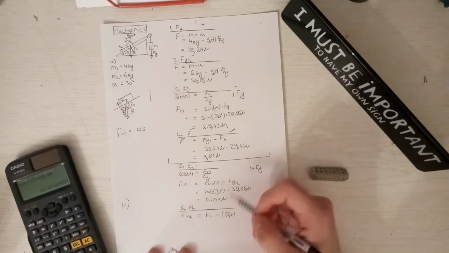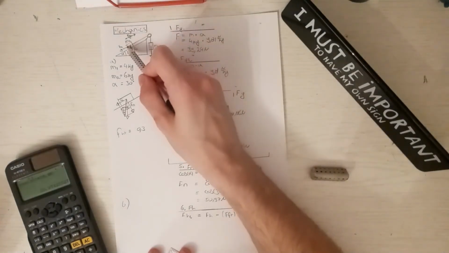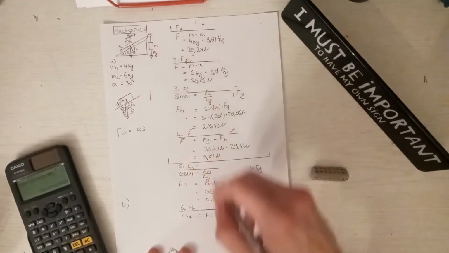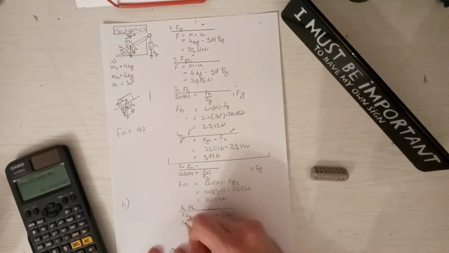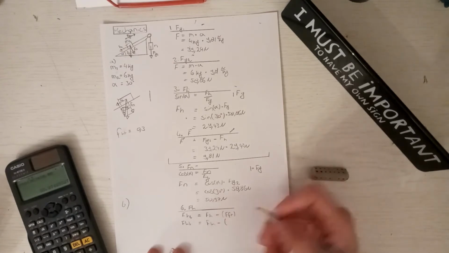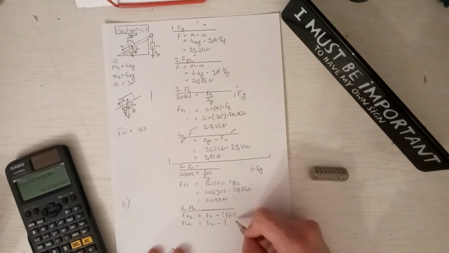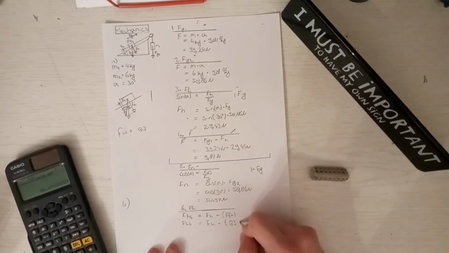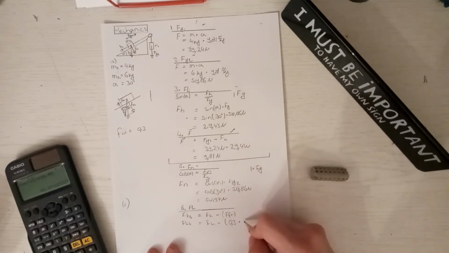Again, like I said before, it's this force right here minus the friction that is being created. And the way you're gonna calculate that is, we have to calculate the friction, but I'm just gonna do it in this step right here, and the way you do that is by multiplying the friction coefficient times the normal force, which we did here.